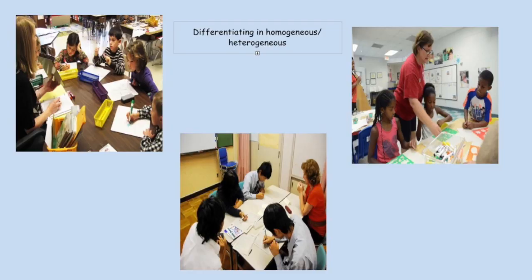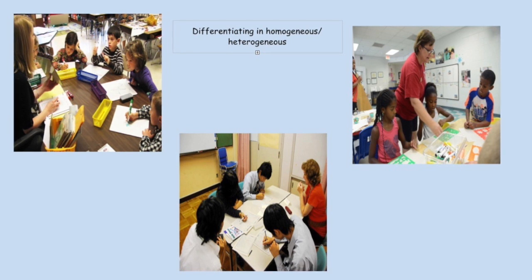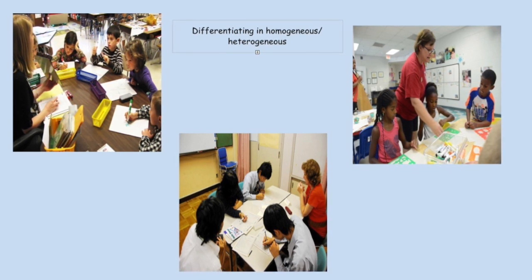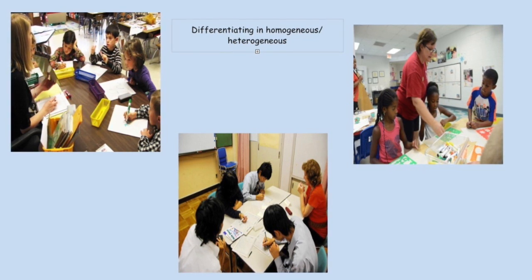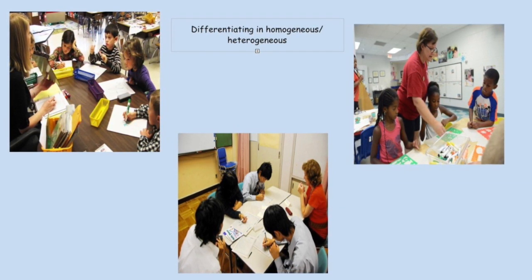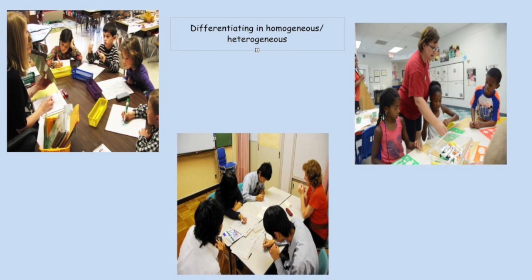So for the future lesson, I will know exactly who masters the skill, who needs extra help, who needs to work with the teacher, and who is not quite sure but still needs to practice with the new vocabulary words.